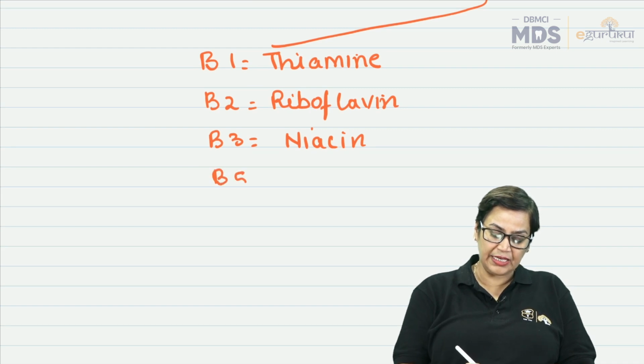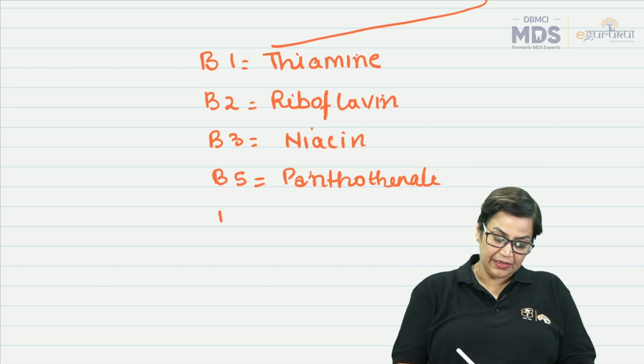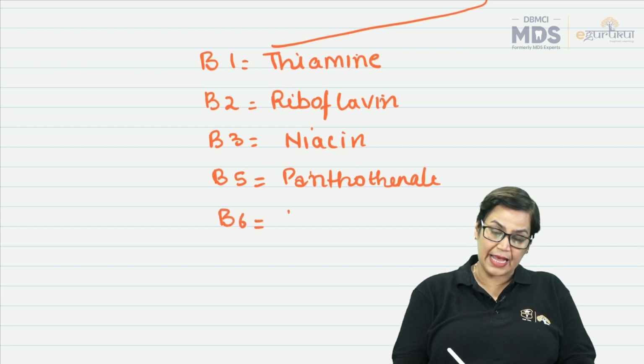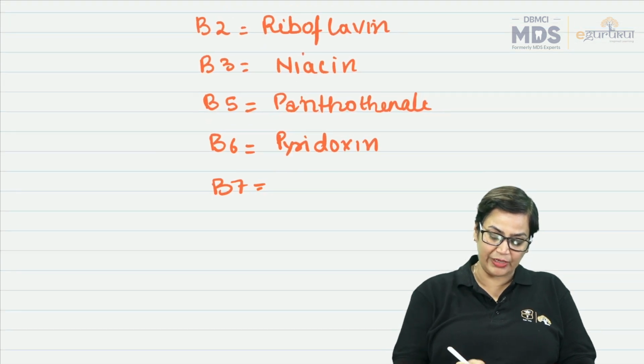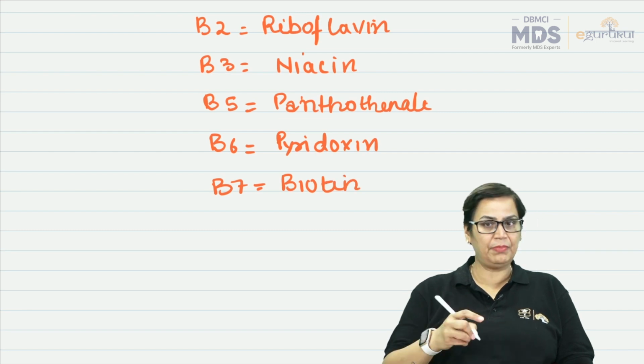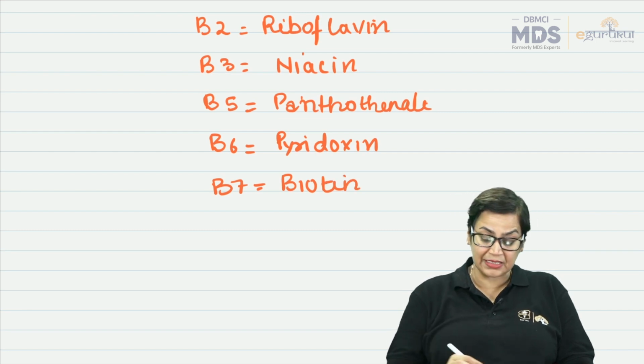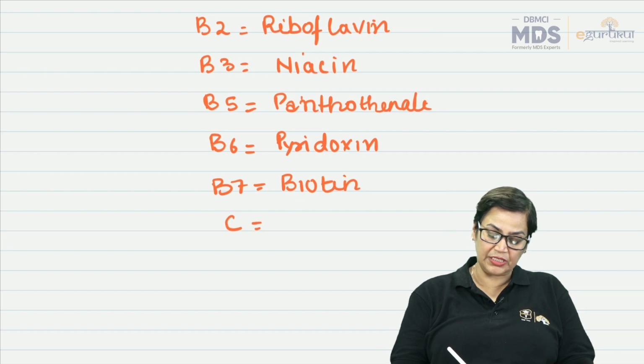B5, which is known as pantothenate, and B6 is known as pyridoxine. B7 is known as biotin. Right? B9 and B12 we have already discussed, and then comes C, which is also known as ascorbic acid.